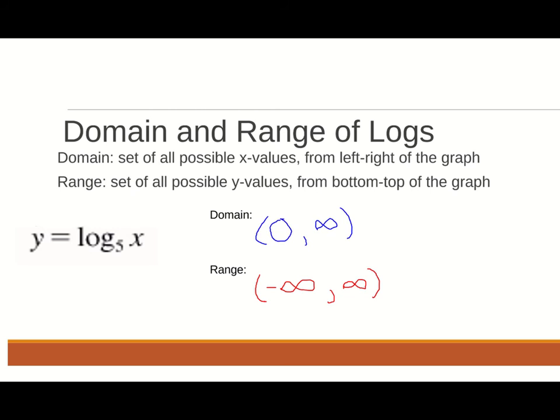So we know it's increasing and it's positive, so it'll go to infinity. And we've already determined that the x value can't be 0. We'll get really, really close, but we'll never be 0. So we know that the domain, our x values, are 0 to infinity. And the range stays the same, negative infinity to positive infinity.